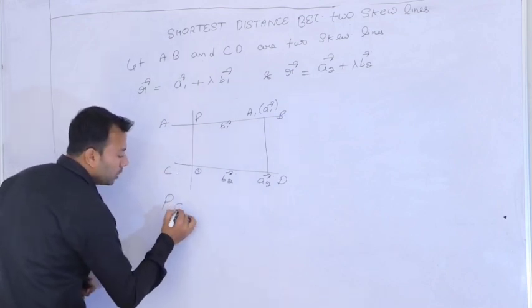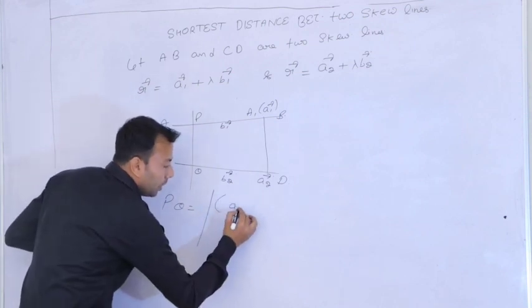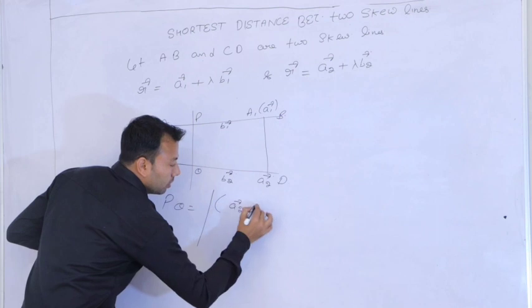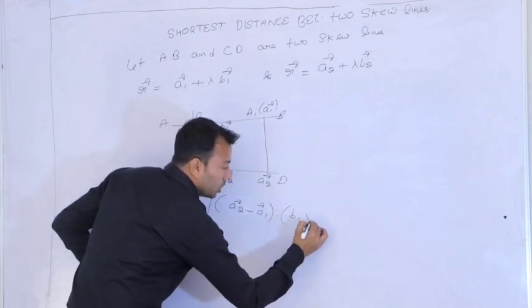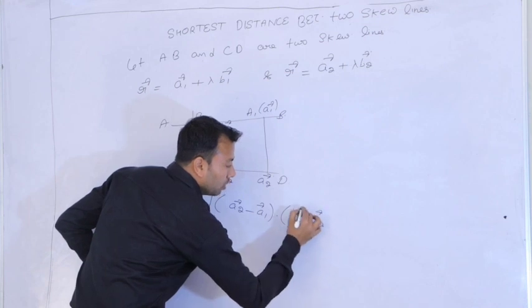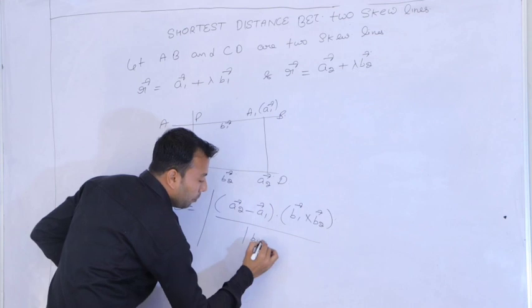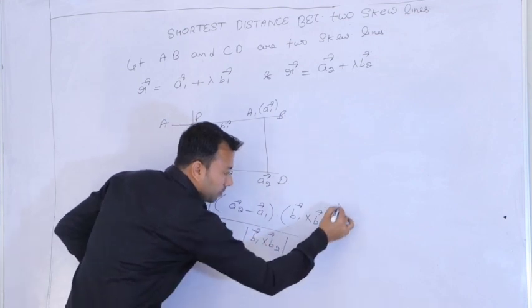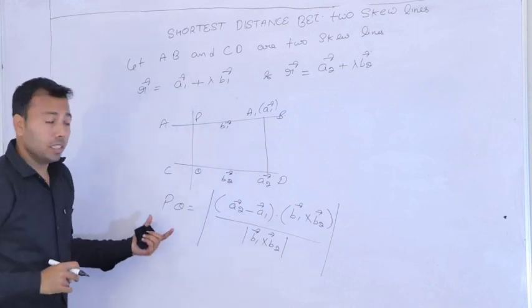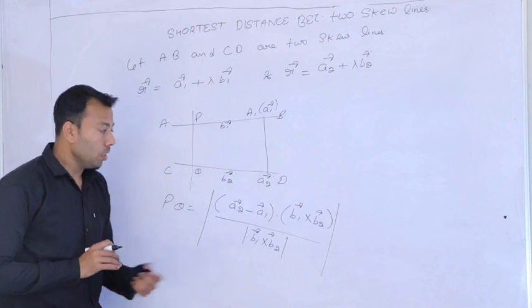PQ is equal to the magnitude of bracket (a2 minus a1 vector) dot product with (b1 cross b2 vector), divided by the magnitude of b1 cross b2 vector. Distance is always positive, so that's why we have taken the magnitude.